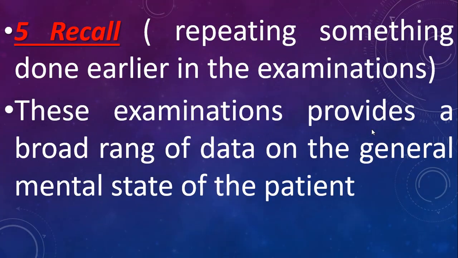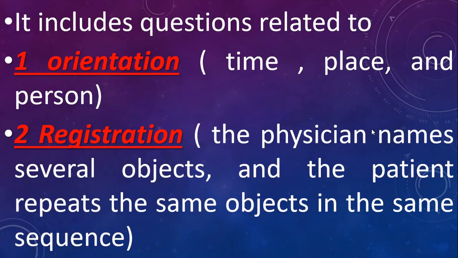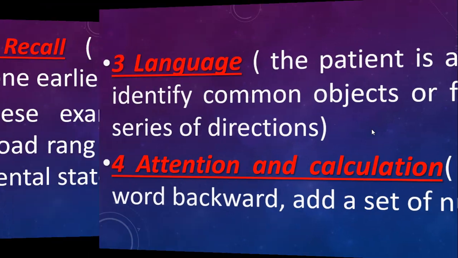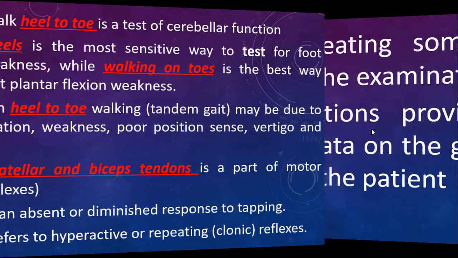Recall, repeating something done earlier in the examination. Again, orientation, registration, language, attention and calculation, then recall. This examination provides a broad range of data on the general mental state of the patient.